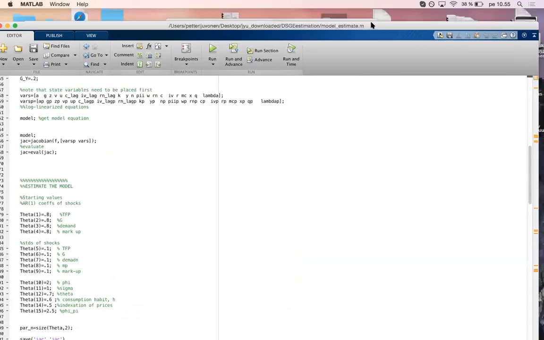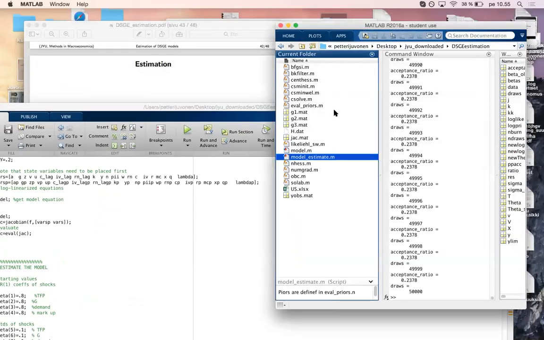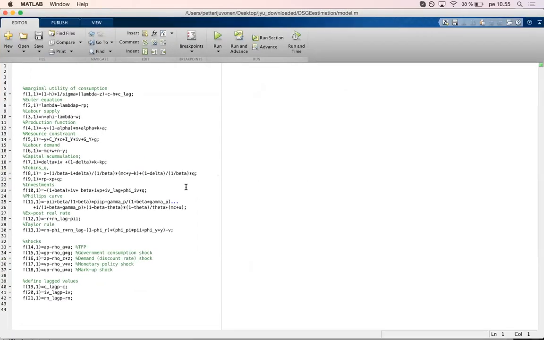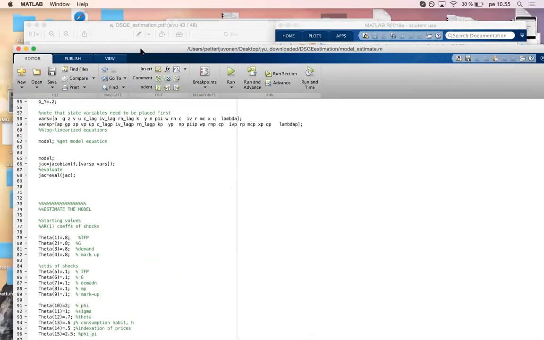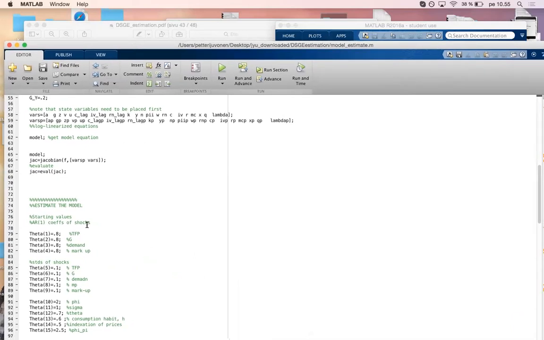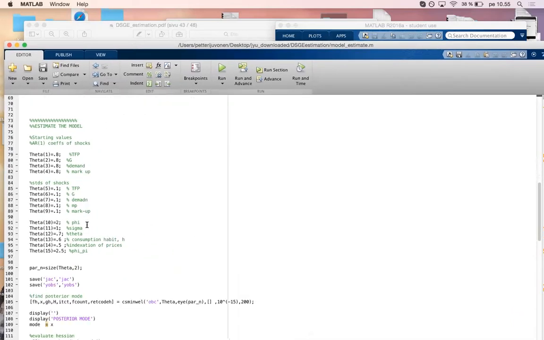The model itself is a Smets and Wouters model. It's defined in this file. Then we obtain starting values for parameters that we need to estimate.